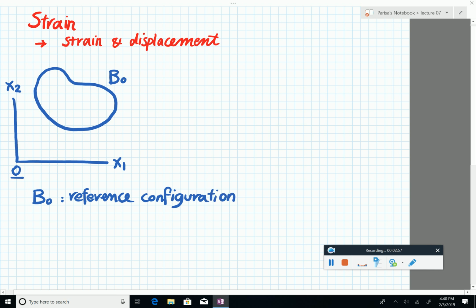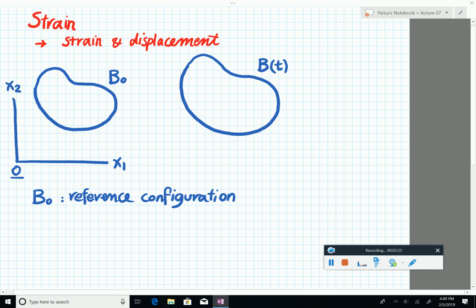And then you have forces applied on this body. Something happens that it deforms, and it can also move. So we have the current configuration. I call this B, or sometimes you call it B sub t, that's like the time.